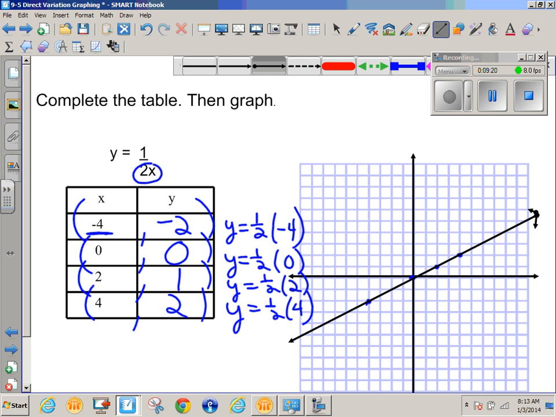Welcome back. I hope that your line looks like mine and that you also remembered to put arrows at either end.